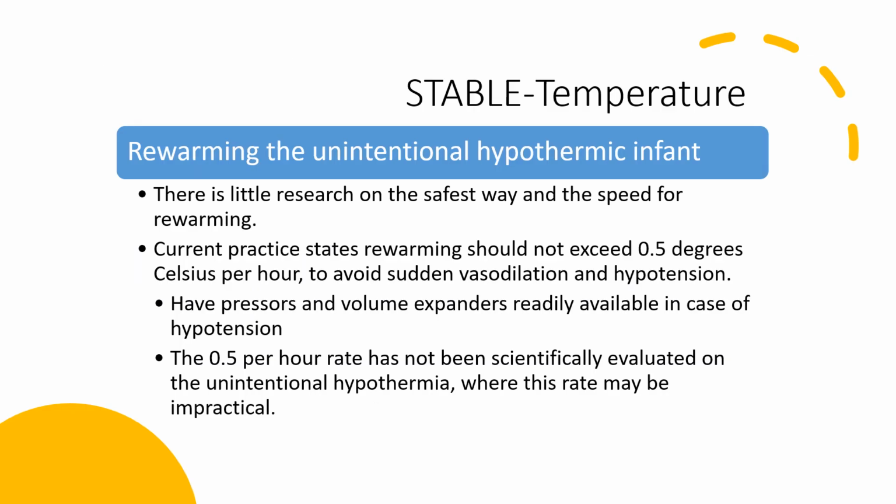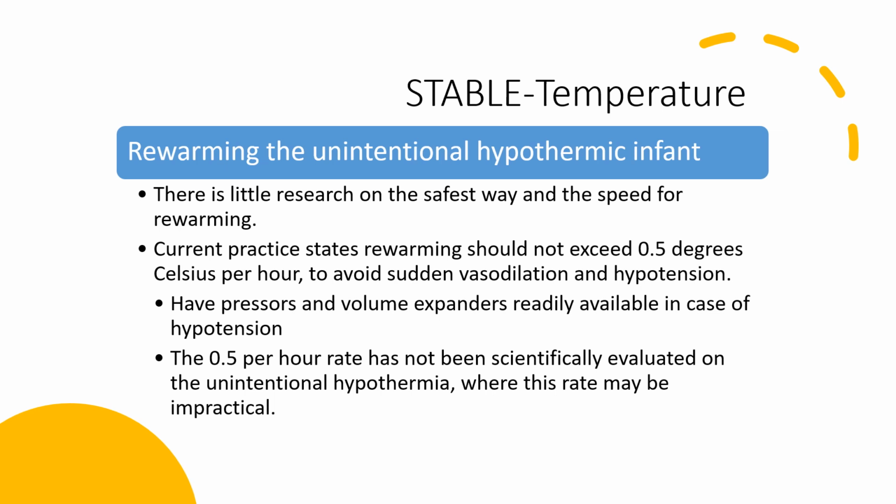Rewarming the unintentionally hypothermic infant. There's very little research here, guys. Current practice states rewarming should not exceed 0.5 degrees Celsius per hour to avoid sudden vasodilation and hypotension, and to have pressors and volume expanders readily available in case of hypotension. However, the 0.5 per hour rule has not been scientifically evaluated on unintentional hypothermia, where this rate may be impractical.